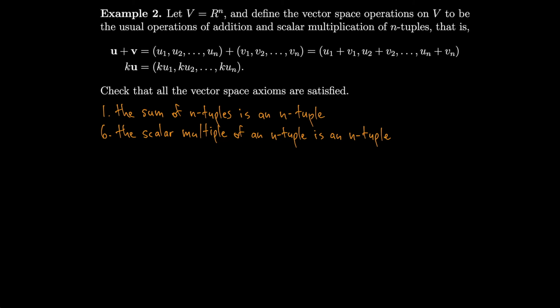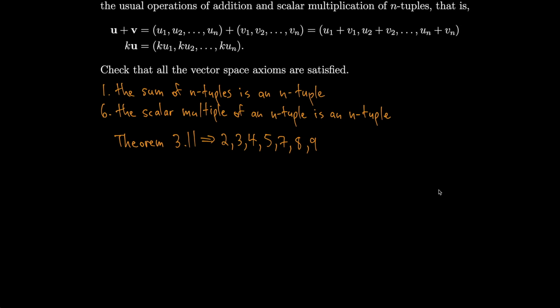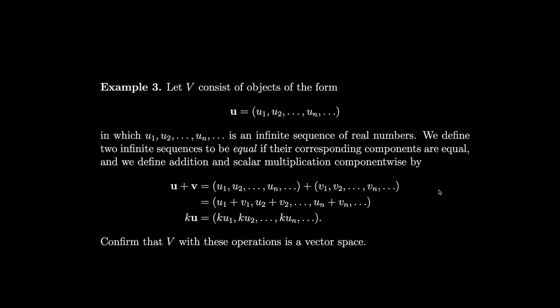And then all of the rest of the properties, like addition being commutative and associative, and scalar multiplication, etc., all follow from properties of vector addition and scalar multiplication as we defined them previously. So all these properties were given in theorem 3.11. That'll give us axioms 2, 3, 4, 5, 7, 8, and 9. So when we have previous theorems that relate to the addition and scalar multiplication that you're already given, then checking if something is a vector space is quite a bit faster.